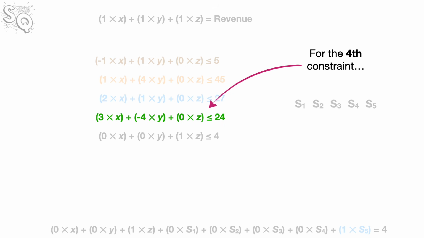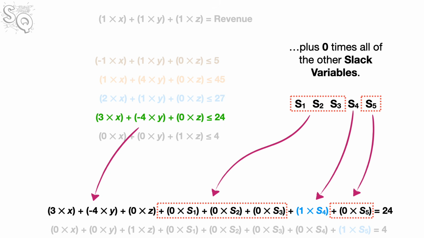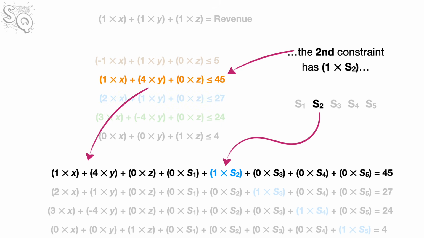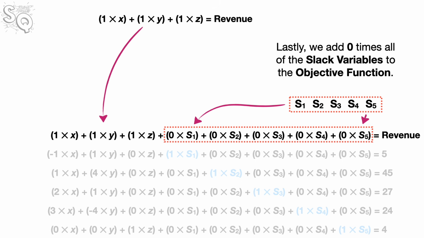For the 4th constraint, we add 1 times S4 to the equation, plus 0 times all of the other slack variables. The 3rd constraint has 1 times S3, the 2nd constraint has 1 times S2, and the 1st constraint has 1 times S1. Lastly, we add 0 times all of the slack variables to the objective function.